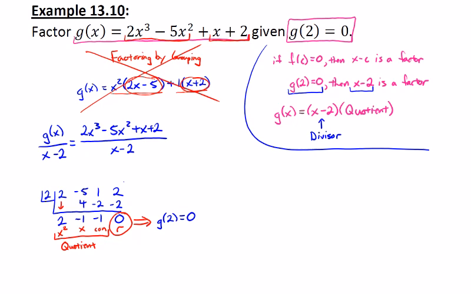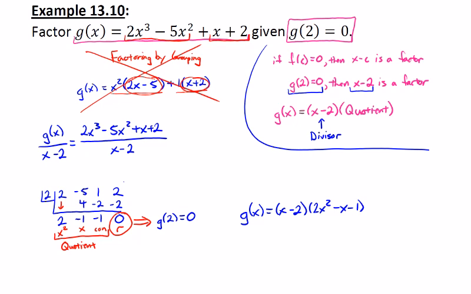So since it's correct, we're going to take the divisor, which is x minus 2, and then our quotient, which is going to be 2x squared minus x minus 1, and that is going to begin the factoring process for us.